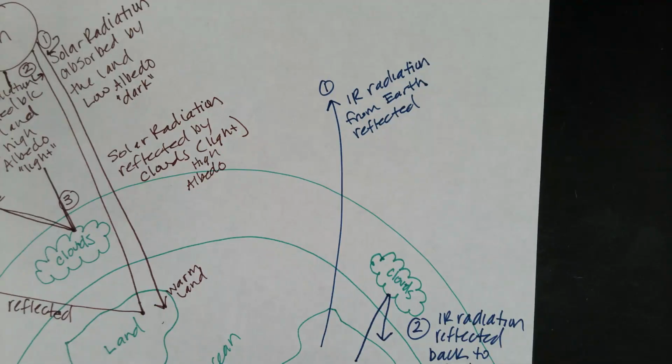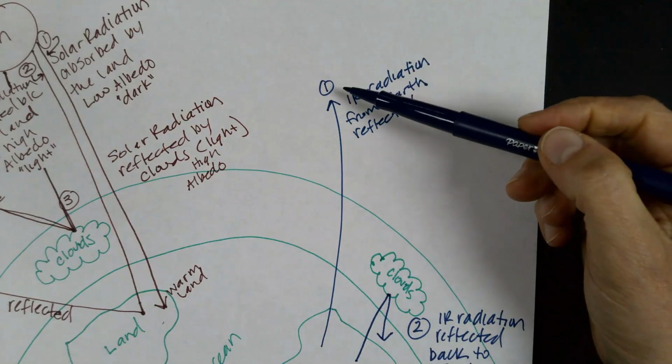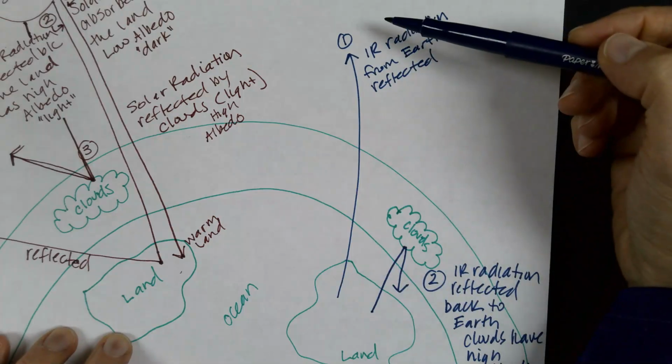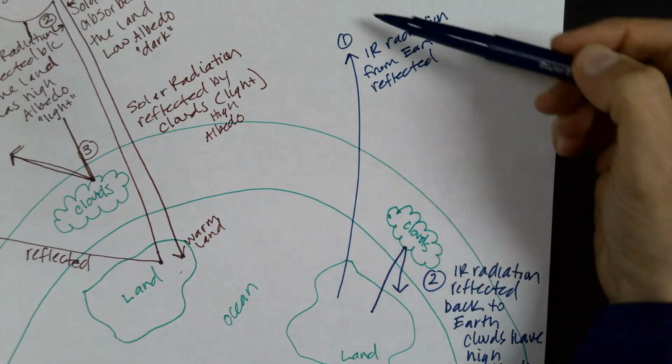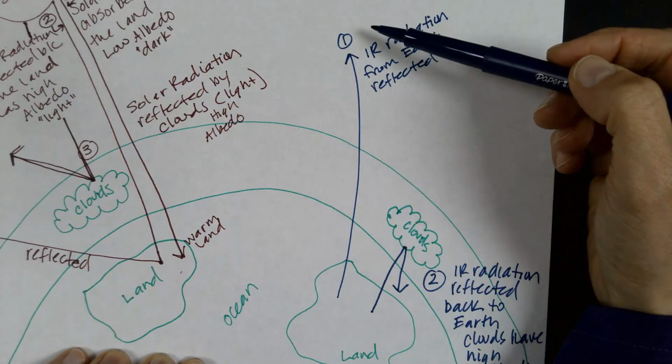So IR radiation from Earth is reflected. We can see that in number 1. So this is a natural process.